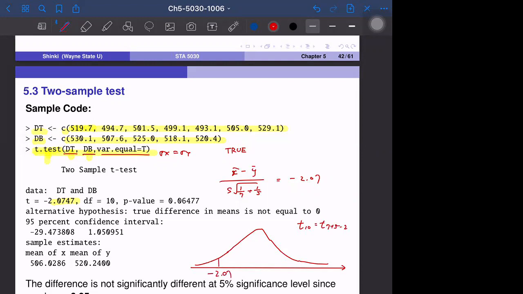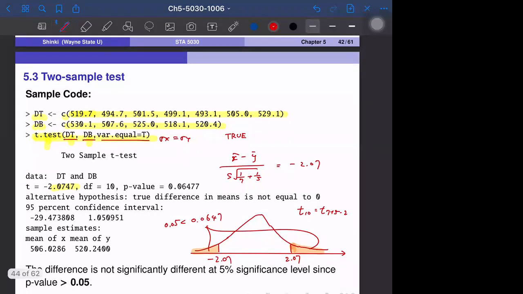Then what's the p-value for this t statistic? The p-value is the area of this plus this, and this total area is equal to 0.0647. If we use the 5% significance level, this is larger than 0.05, so we do not reject the null hypothesis at the 5% significance level.